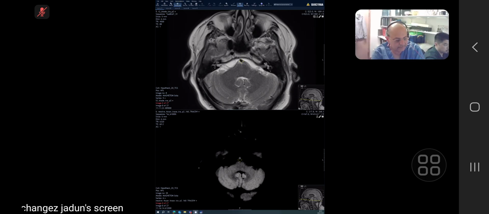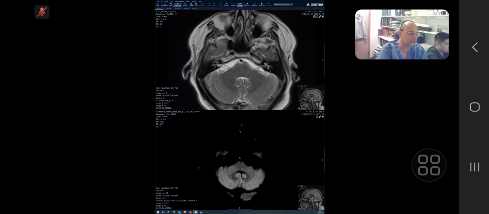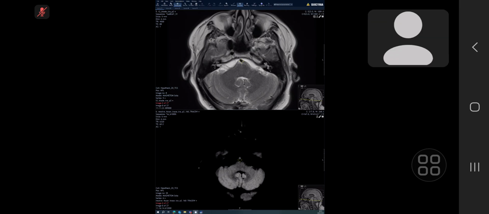Third, atherosclerotic. You can have vertebral origin stenosis leading to vertebral occlusion. So three things you want to rule out: atherosclerotic stenosis leading to occlusion, embolic coming from the heart, getting thrombus lodged and occluding the vessel, and the third is a dissection.